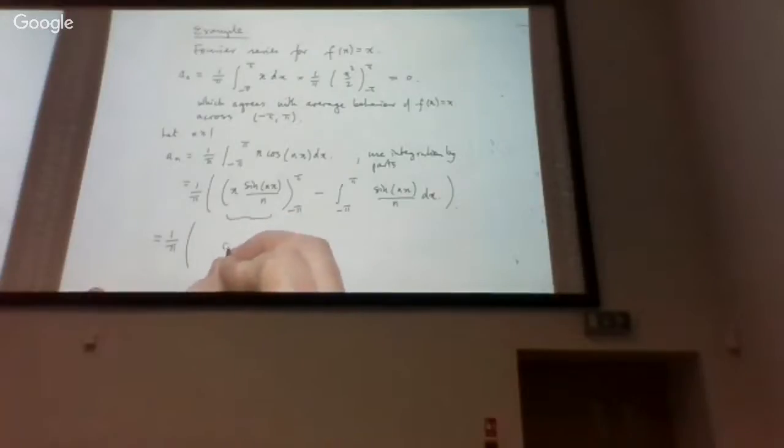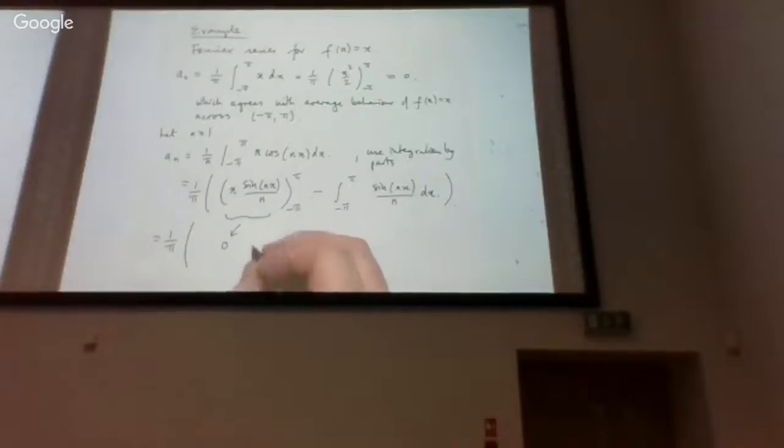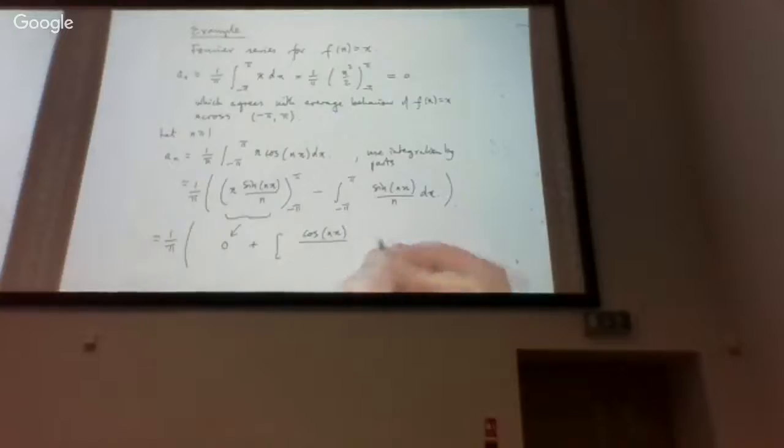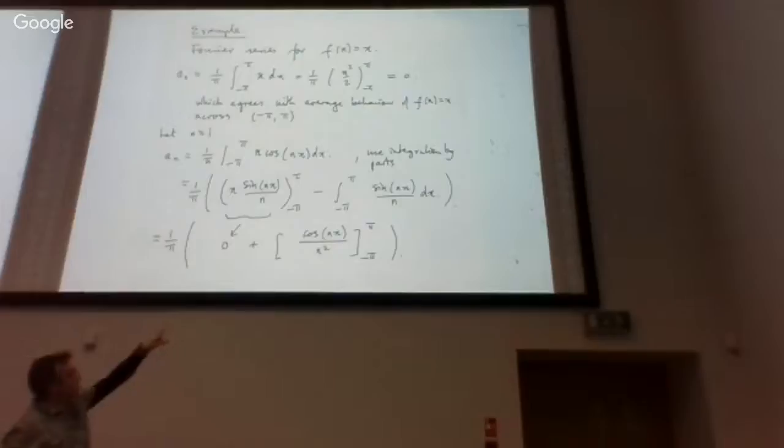For this other term we have to do the integral: sine integrates to minus cosine, so that cancels the minus sign there. So the cosine of nx, with another 1 over n, is now over n squared. And this gets evaluated at pi and minus pi. Now there you're looking at cosine of an integer multiple of pi versus cosine at an integer multiple of minus pi. Those are always going to be the same value.